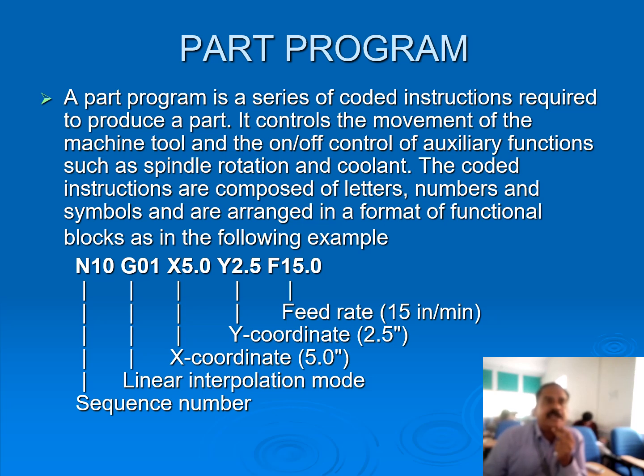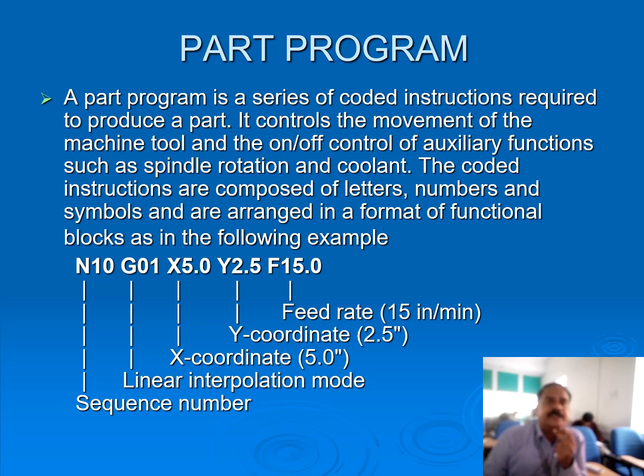When I write G01, the machine understands that it is in linear interpolation mode. When I say X 5.0, it means the x coordinate value is 5. Sometimes you can give the numbers in units of either inches or millimeters, and again, for defining that, we have a code.